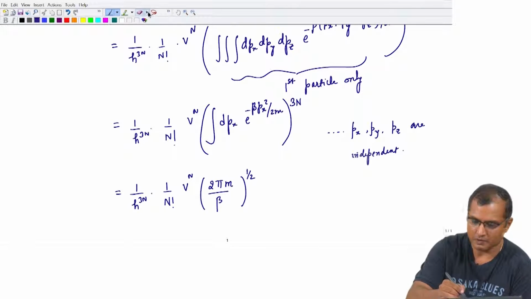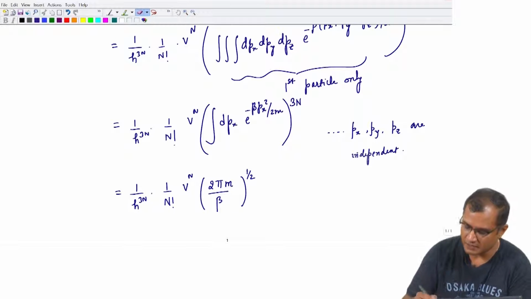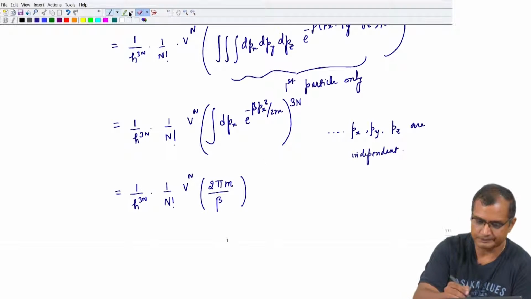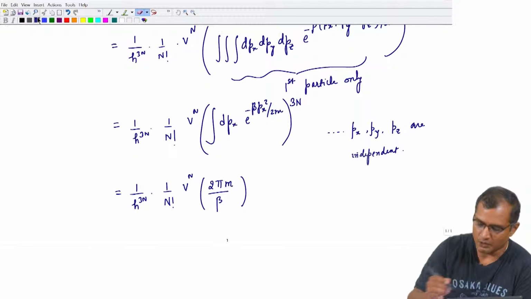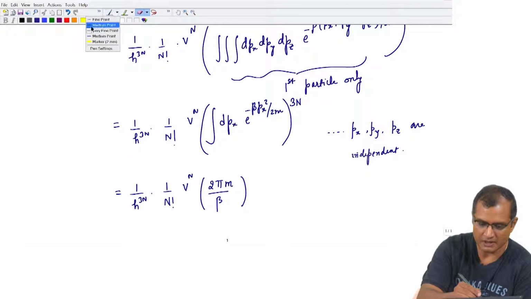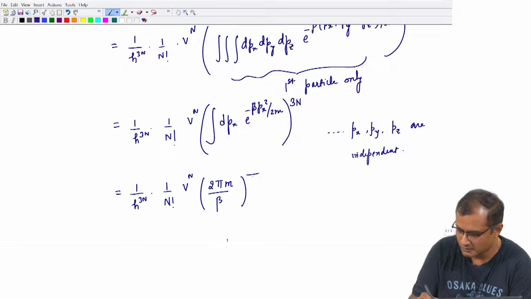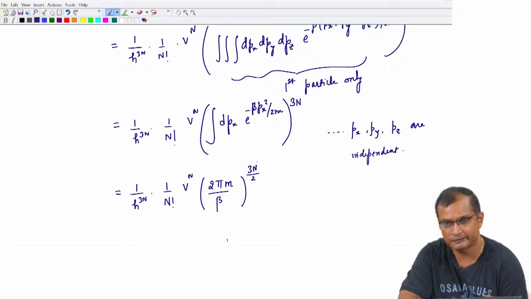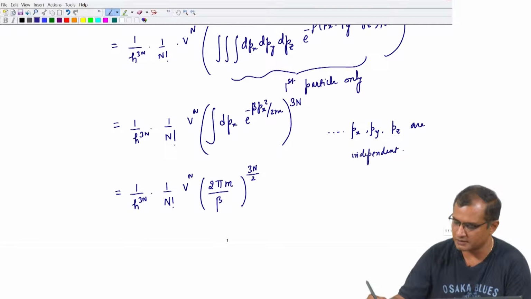So, the entire thing is raised to 3n. So, I am going to write this with the 1/2 that comes from the Gaussian integral and the 3n which was already sitting outside.